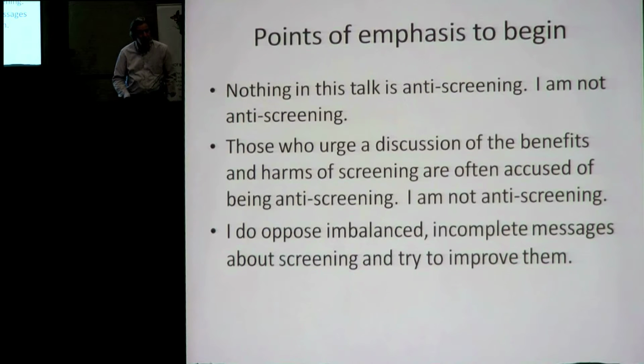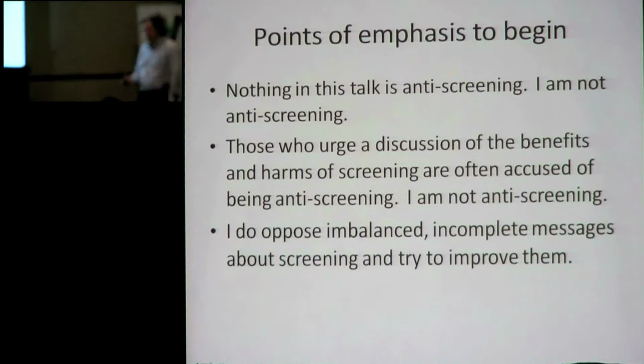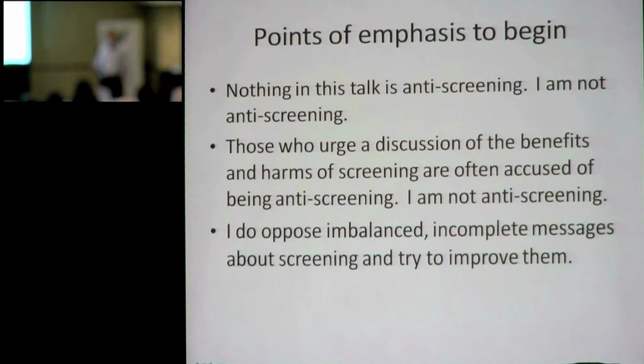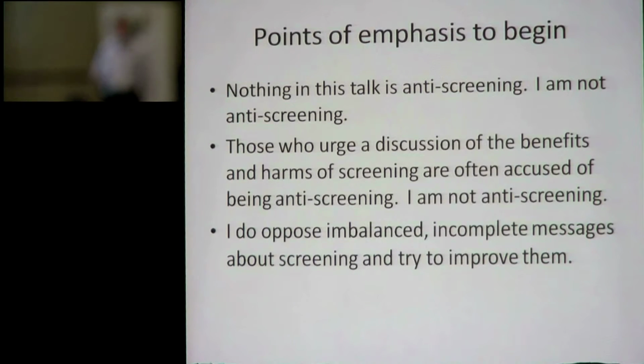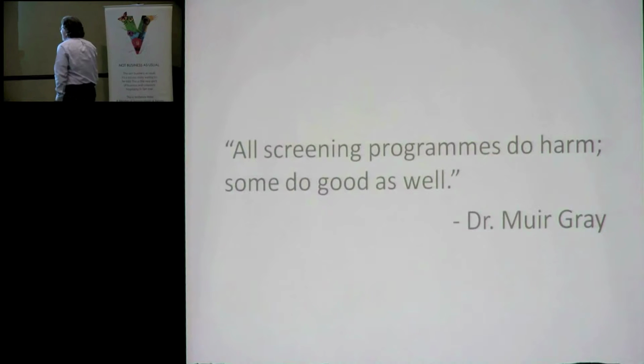And I say this because I think the last time I gave a talk similar to this, it was at the National Institutes of Health in Washington, and 2 reporters came up and said, "I can't believe how anti-screening you were." And when I asked for evidence of where I was anti-screening, it was questions that I raised about evidence. That's not being anti-screening.